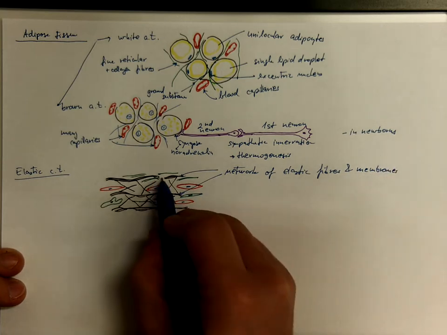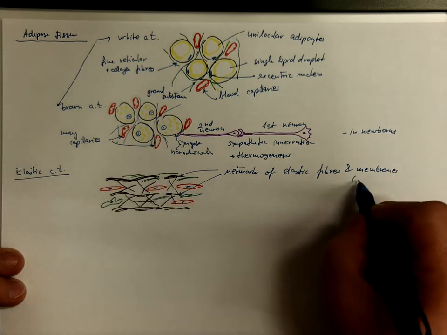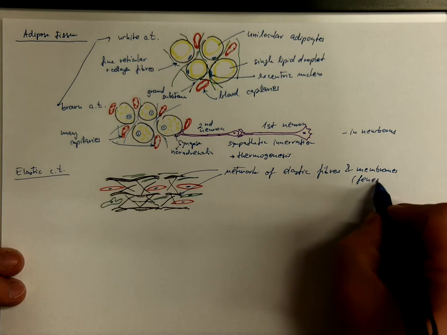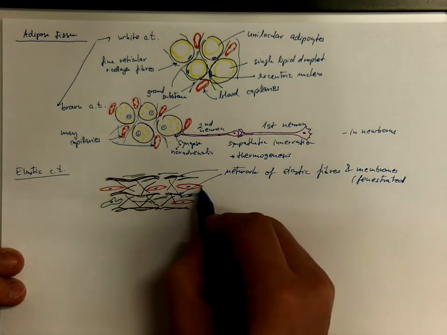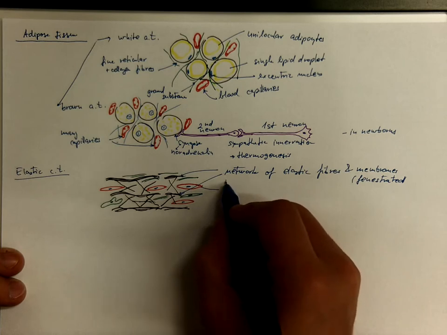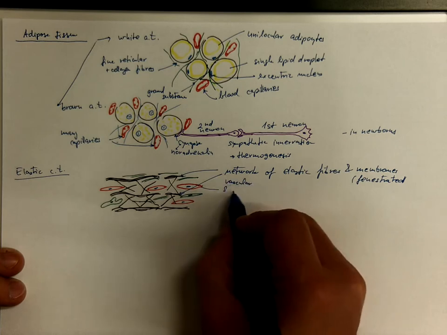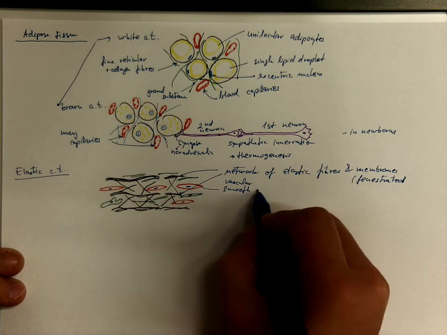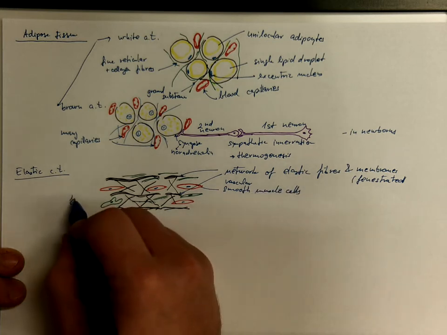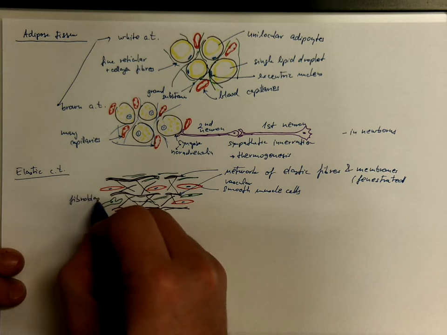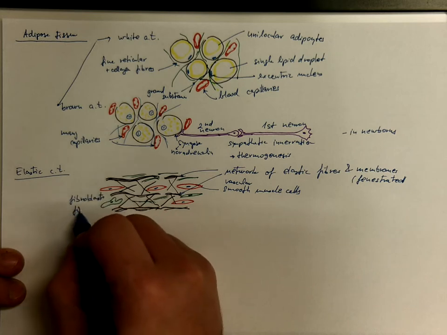These membranes have openings called fenestrations, so we call these fenestrated membranes. And in these openings you can find vascular smooth muscle cells or fibroblasts and fibrocytes.